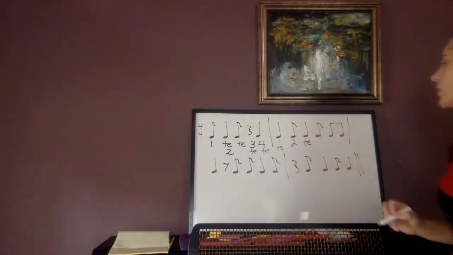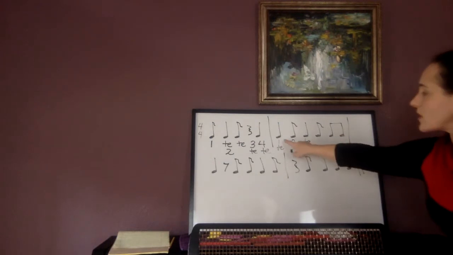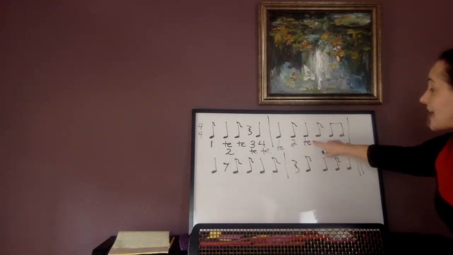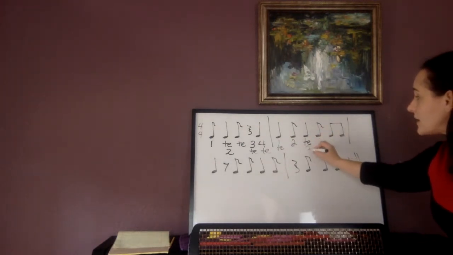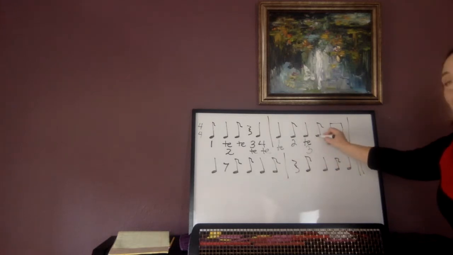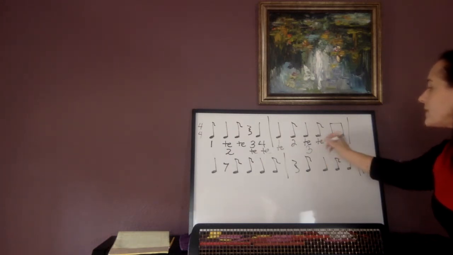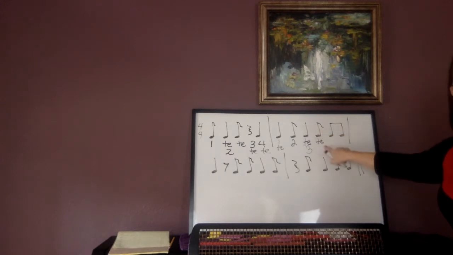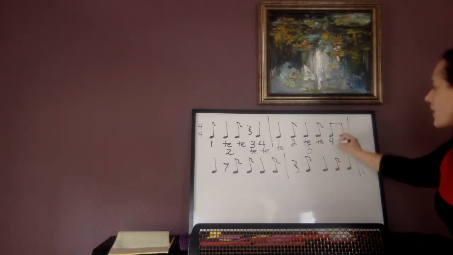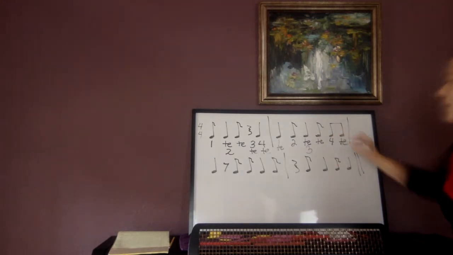But it's a quarter note. It also needs a number. So we have 1 te, 2 te, and 3. This is not 4 because we have only used the first half of 3. Now we have the te of 3. Eighth note, it only gets a te, and then we have 4, and then we have te. Those are 2 eighth notes.